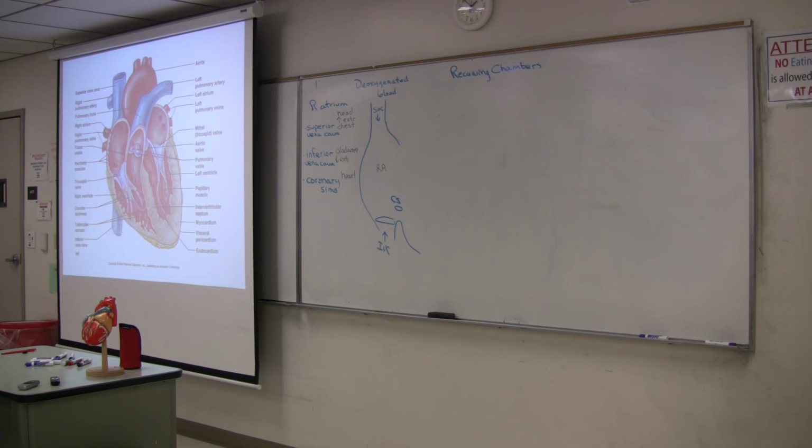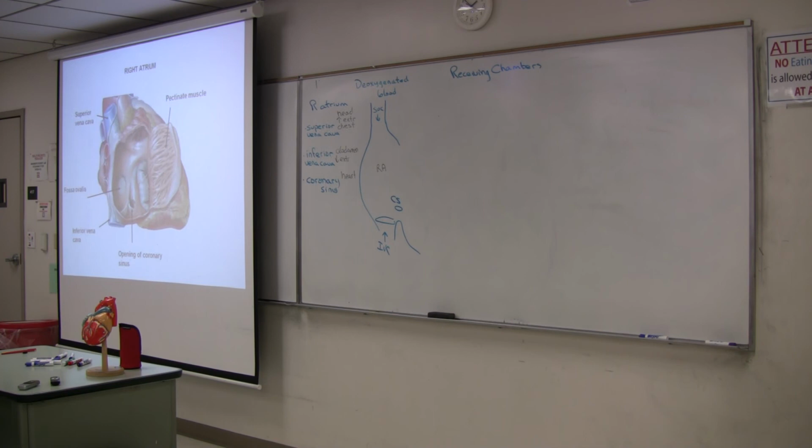Now on the smaller hearts, it would be number 58. All right, so here's the coronary sinus on the smaller heart in the back. This would be the inferior vena cava. You look inside.